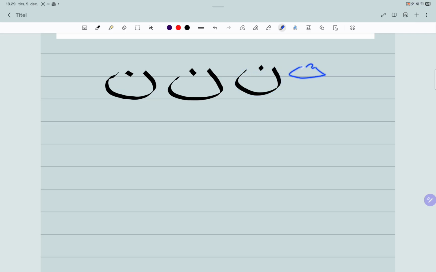It's not above the line, it's round and big and below. And then it has a dot just in the middle. So the difference between fa and noon is that fa has a little head, while it also has a dot. Noon is very like a bowl below the line, and it has a dot.